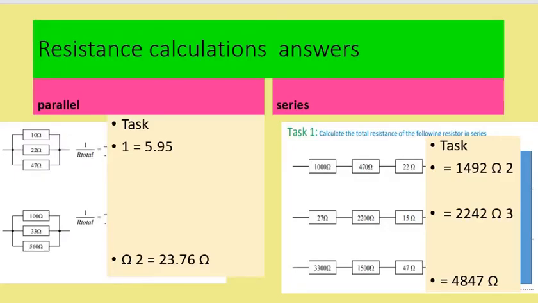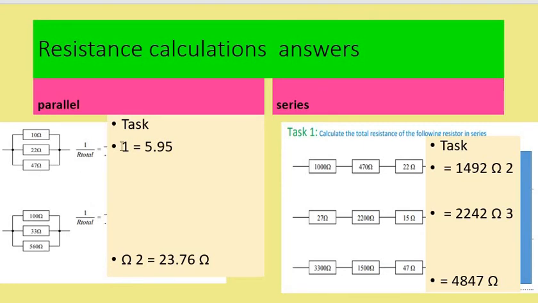We're going back to your questions to do with resistance, so we're marking them. Remember that in a parallel circuit, total resistance equals 1 over R1 plus 1 over R2 plus 1 over R3. So you've got to divide 1 divided by 10, 1 divided by 22, 1 divided by 47.